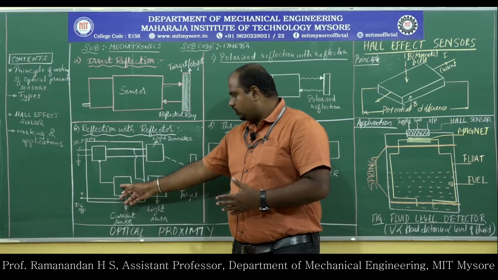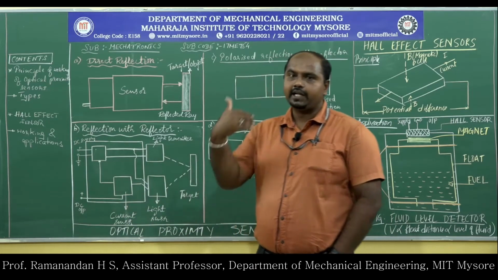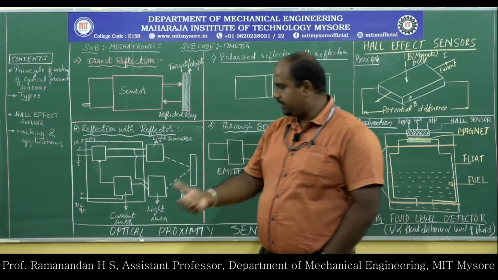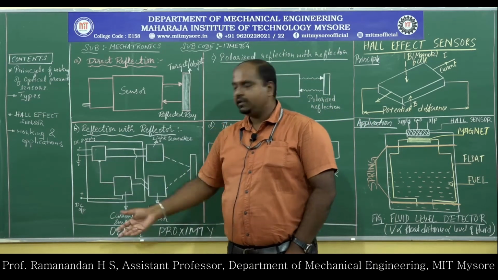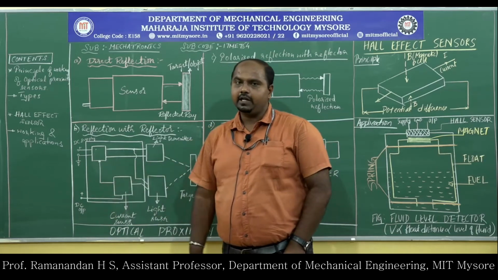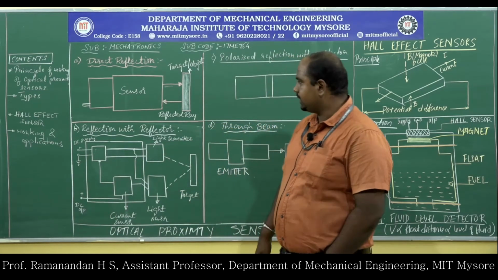Is that clear? So the current sensor will detect the light in the form of electrical energy, a photoelectric effect based sensor. So that change in potential difference or emission of electrons will be detected at the output, so that a target is in front of the optical proximity sensor.